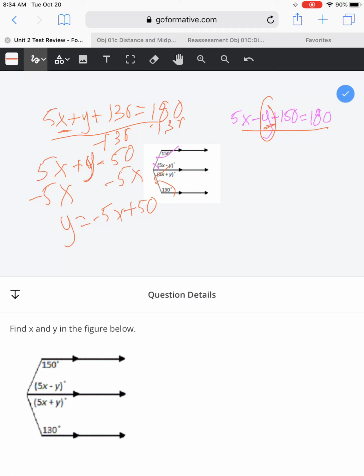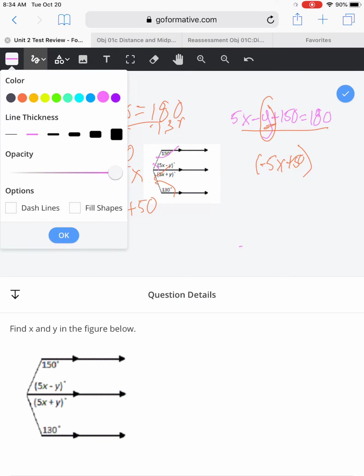I'm going to replace this y with negative 5x plus 50. So that's all I'm doing there. So I'm going to write 5x minus, but I replace the y with all of that, plus 150 is equal to 180. That's going to be 5x plus 5x minus 50, this should be a 50, plus 150 is equal to 180.